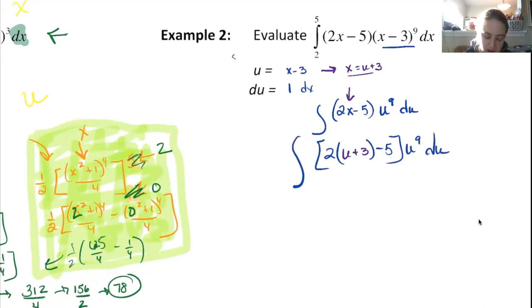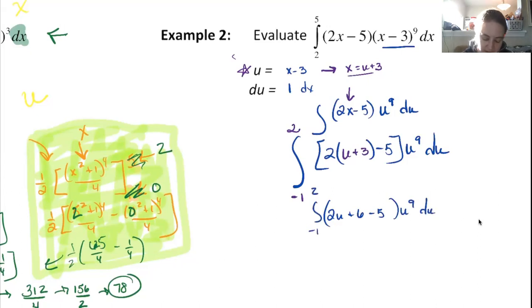My boundaries, I don't want 2 and 5 anymore. We want to switch those over to u values. So I'm going to use this equation. 2 minus 3 is a -1, and 5 minus 3 is a 2. So this becomes 2u plus 6 minus 5, u to the 9th du, between -1 and 2.